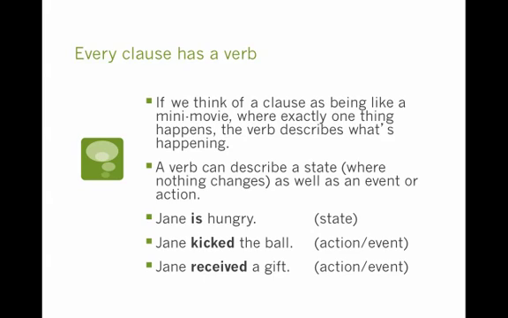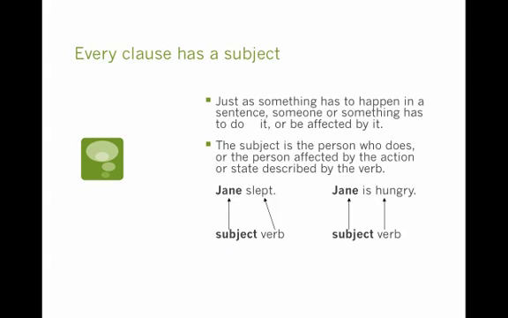Got the clause? Super. So every clause has a subject. So as we said, a clause is a mini movie. So you have to have something happen or a state be described in your mini movie. It also has to be about someone or something, otherwise it's a pointless movie. So the subject is the person who does the action described by the verb, the person affected by the action described by the verb, or the person about which the state described by the verb is true.